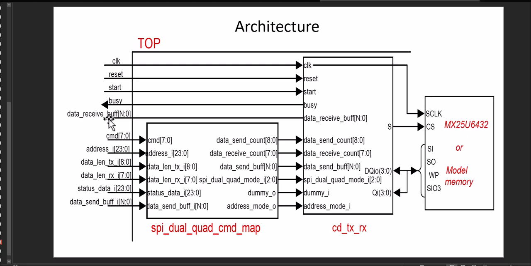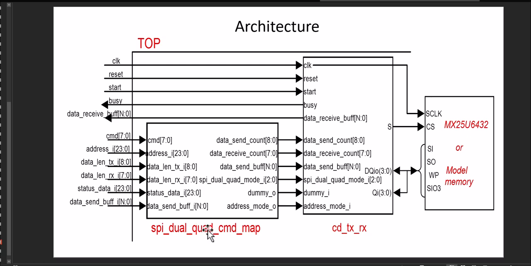Also we get the receive data buffer, busy, start, reset, clock, and we have the chip select, SCLK, and these are the pins SI, SO, WP, SIO3, like that.